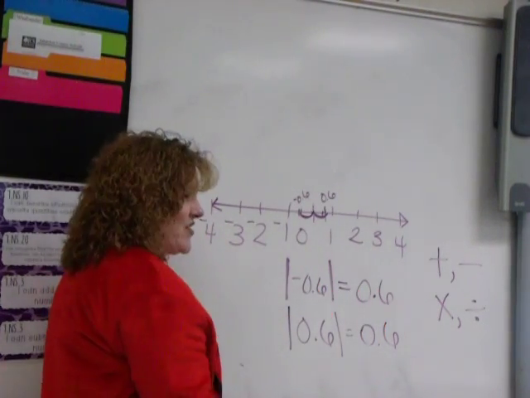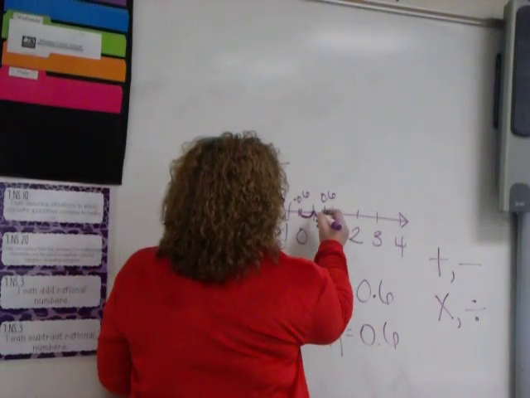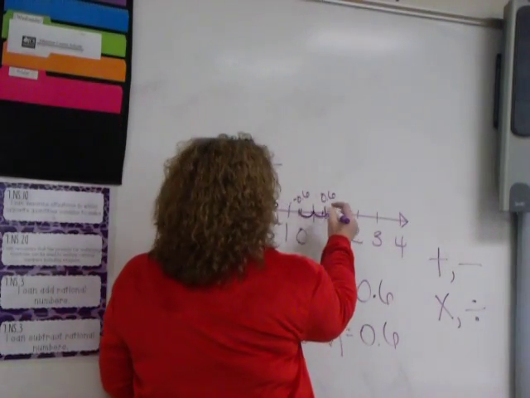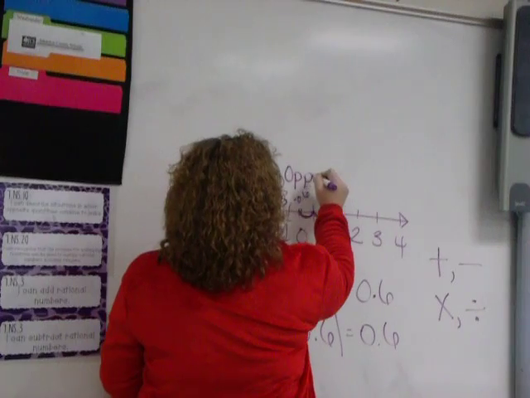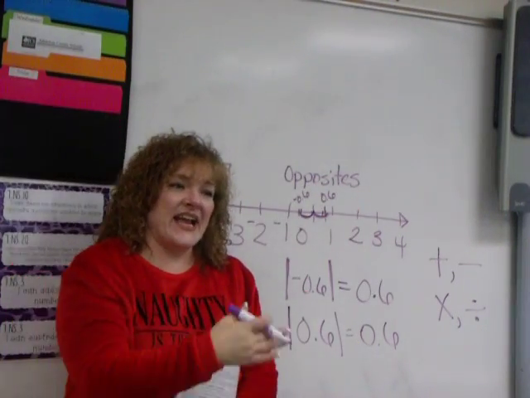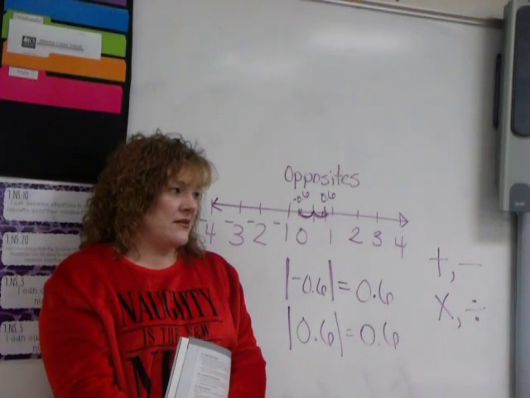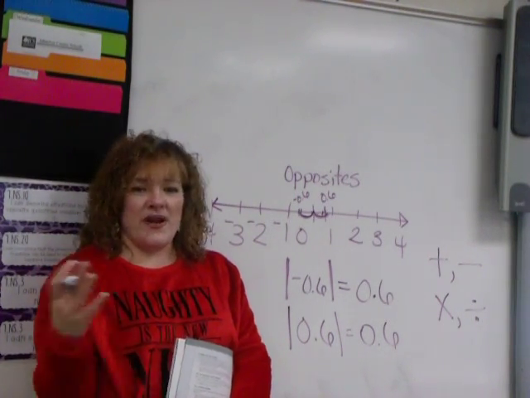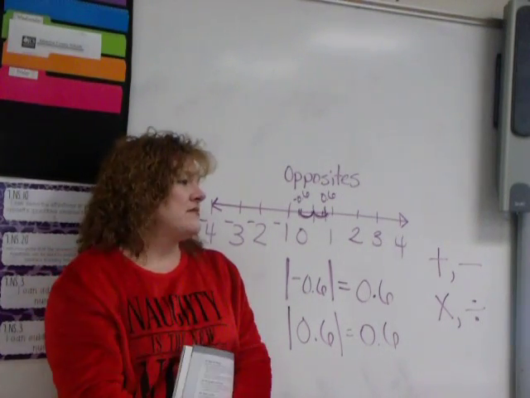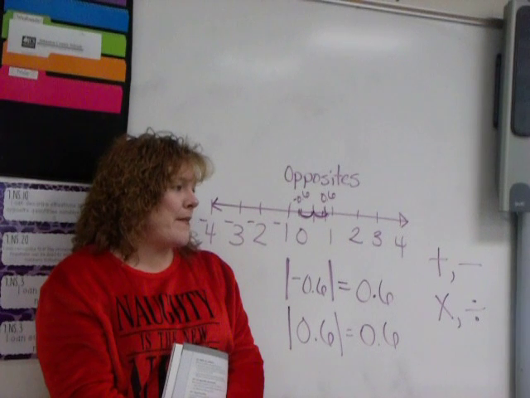All absolute value is positive. But because they are the same distance in opposite directions, these numbers are referred to as opposites. So if I had a negative 3 and a positive 3, opposite. 3 points on each side of 0, same distance from 0, just in different directions, are opposites.